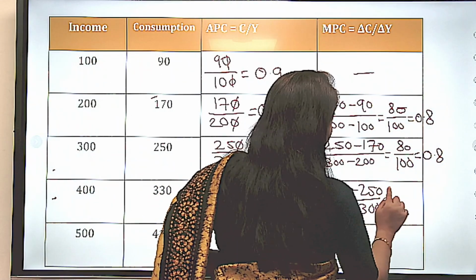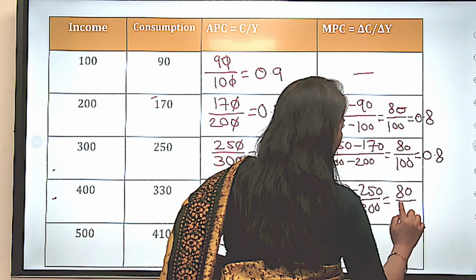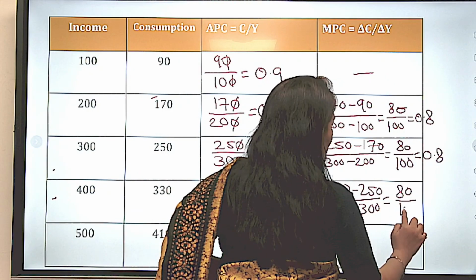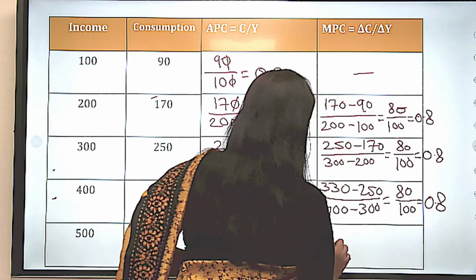So we get it as, this is again 330 minus 250 is again 80, 400 minus 300 is again 100. Again the answer is 0.8.